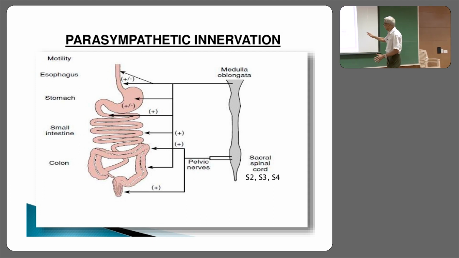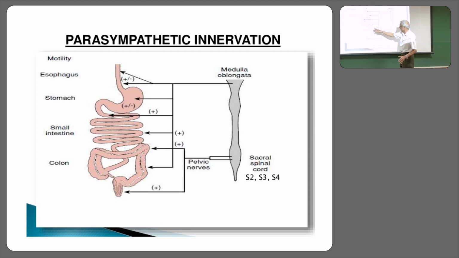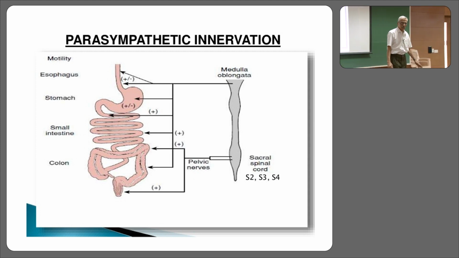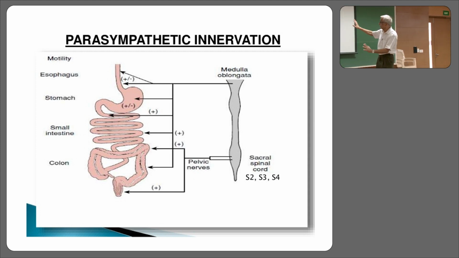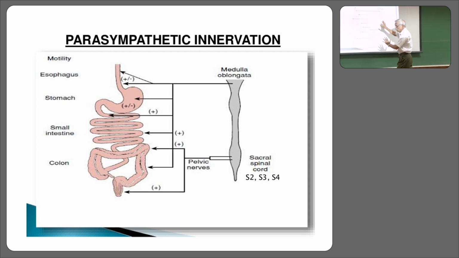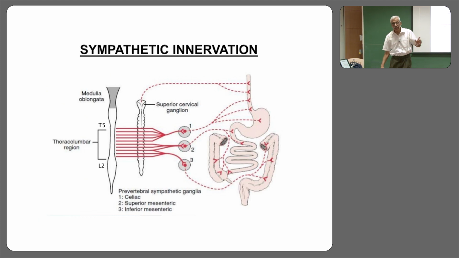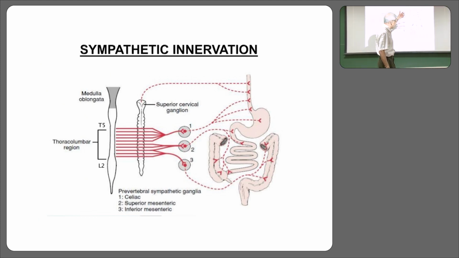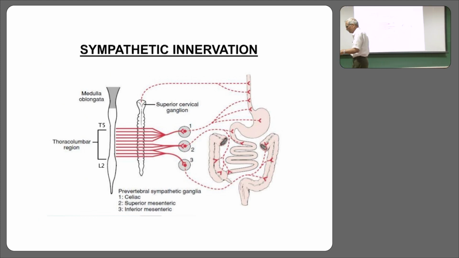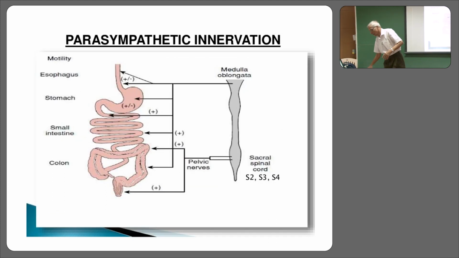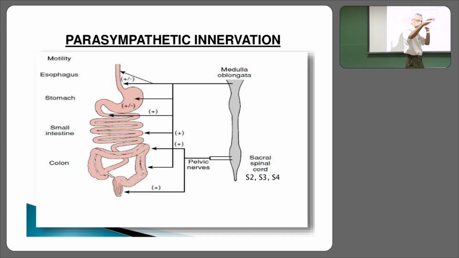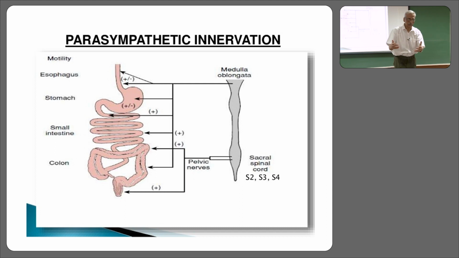And those nerves will go where? Those nerves will go to the transverse colon, to the descending colon, and to the rectum. So, this is the parasympathetic nerve supply to the alimentary canal, and if this system is activated, it will promote peristalsis.